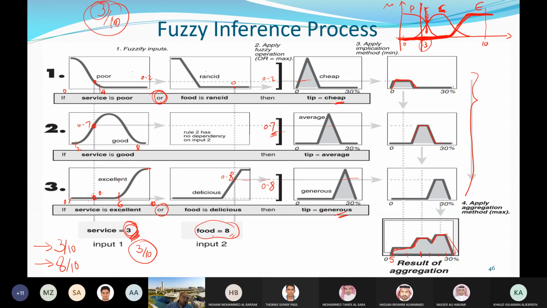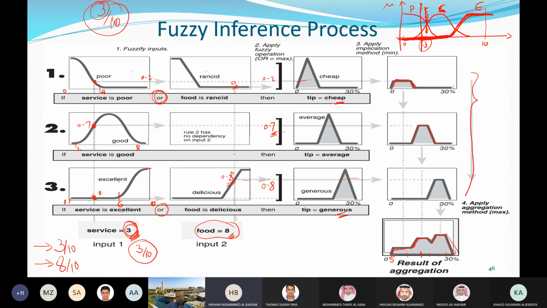And when you give the food quality 8 out of 10, that means it's delicious, right? And you give it a higher evaluation here. So the degree of membership of delicious equals 0.8 and rancid equals 0.